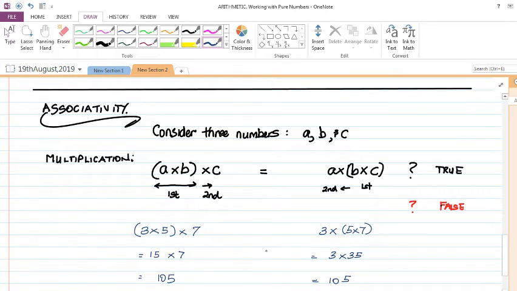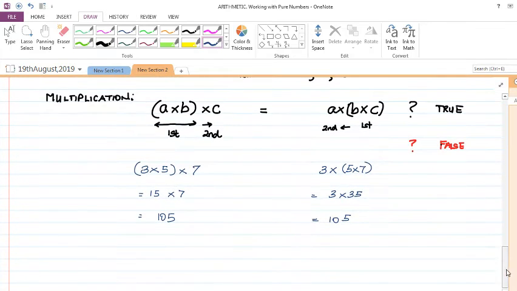Now, this is one case where A times B, then times C is equal to A times B times C. You see, it works out here. And we could try other numbers if we so desire.